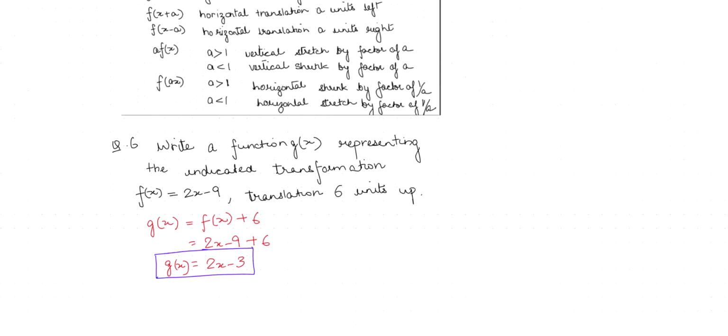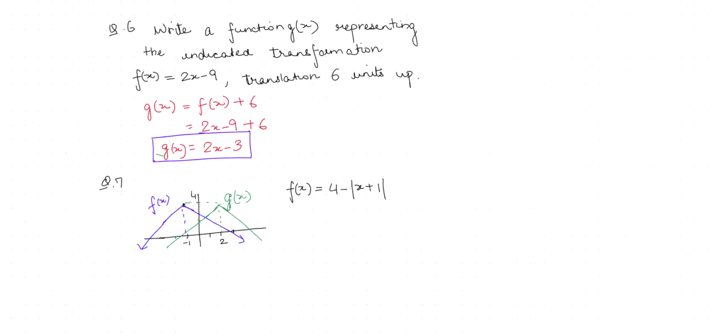Now let's do another problem. So this is question 7. f(x) is given and we have to write g(x). And we see the graph is drawn. It is not drawn to scale, but we see that the tip of f(x) is at -1, and the tip of g(x) is at 2.